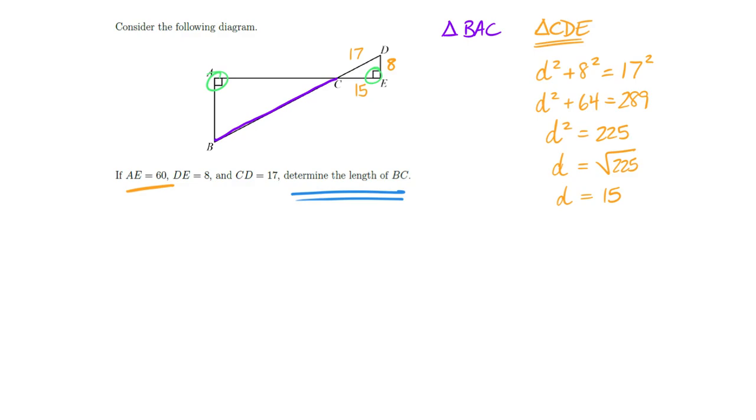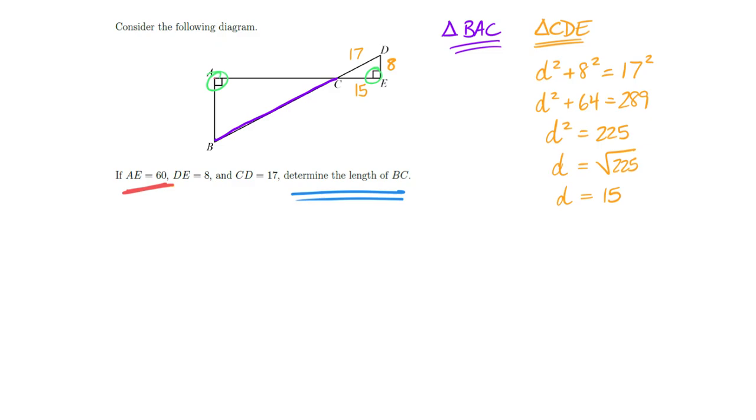There's my 15. Okay, that at least gives me everything I know on that right triangle, but again, I'm trying to stumble. So, can I use something from the right triangle to work my way into triangle BAC, the triangle that I need something from? Okay, I'm going to go back to the given information. And I notice, and I'm just going to underline it in red now, AE was 60.